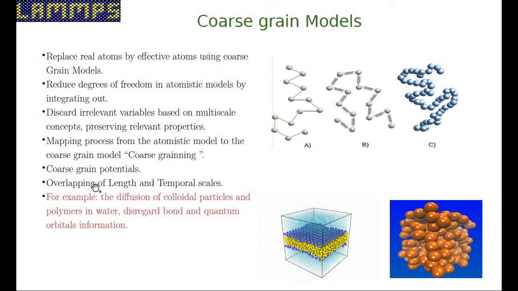In this process, there is overlapping of length and temporal scales. For example, the diffusion of colloidal particles and polymers in water, where we disregard bond and quantum orbitals information.